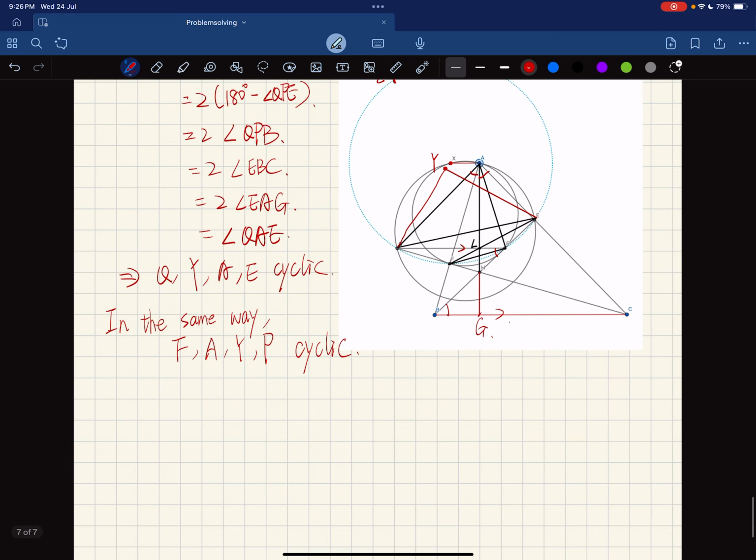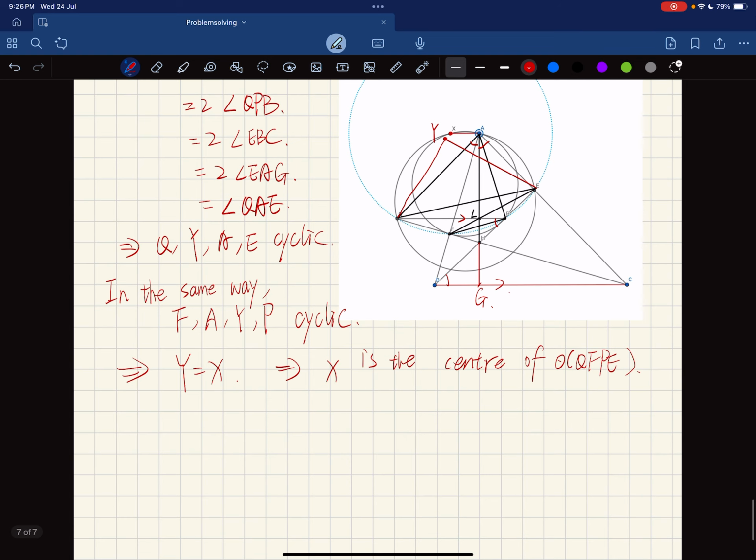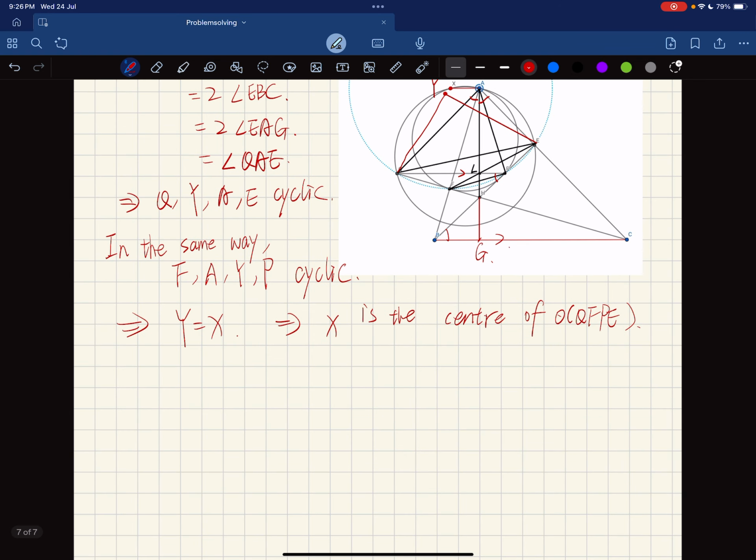So that leads to Y equals X. So they are the same point. So X is the center of the circle QFPE. So now the problem gets easier.